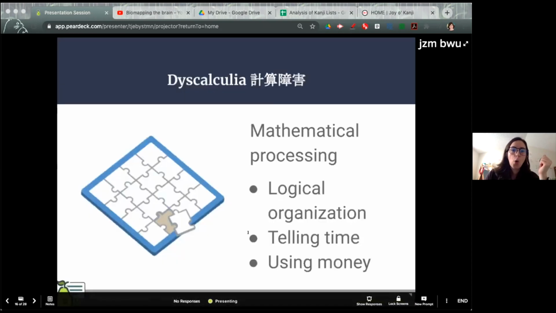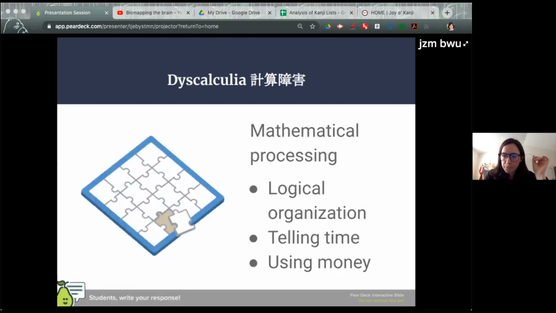Dyscalculia. Oh my goodness. So the importance of muscle memory in learning to physically produce the characters, and also the association of the kinesthetic practice plus the recall of it, it is very, very valuable, absolutely.